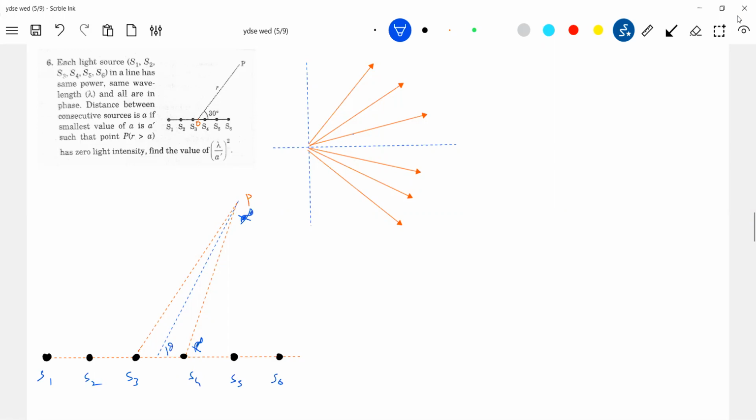We don't know how much, so shall we call it phi? Same thing for S3 and S4, they will have the same phase when they arrive here. They should have different phases. Distance traveled is also different.